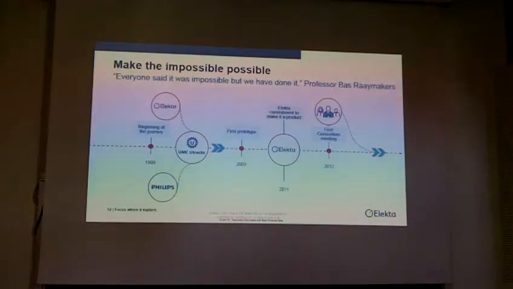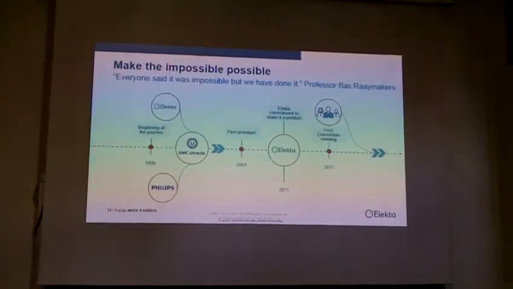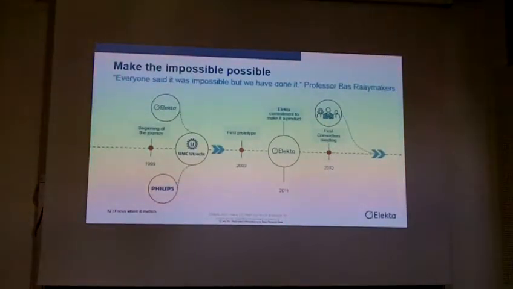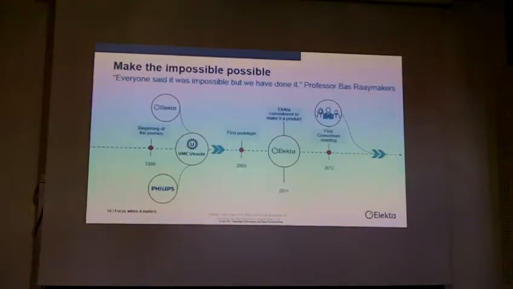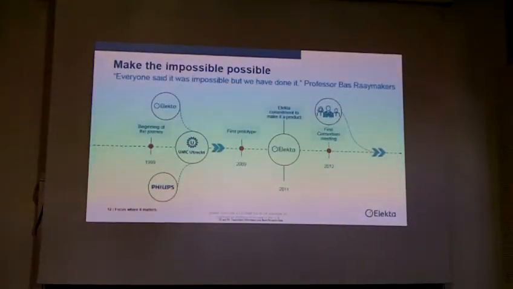Then the first prototype was developed in 2009 from Utrecht. Elekta's commitment came in 2011 to make this product, and the first consortium meeting was in 2012. So the journey was not so short.